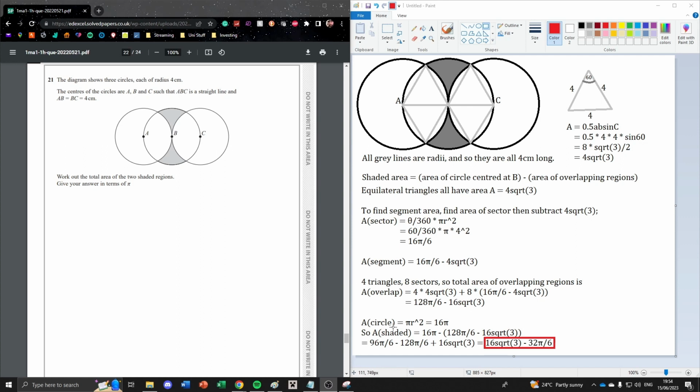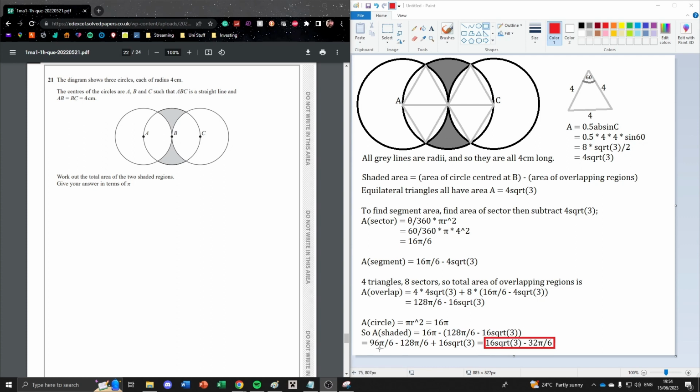The area of the circle, quite simply, this is circle B, is pi r squared, so that's 16 pi. So the shaded area is, of course, the circle area, subtract the overlap area, so 16 pi minus, and then in brackets, 128 pi divided by 6 minus 16 square root 3. And if we bring those out of the brackets, obviously this is going to be negative, and this is going to be positive.